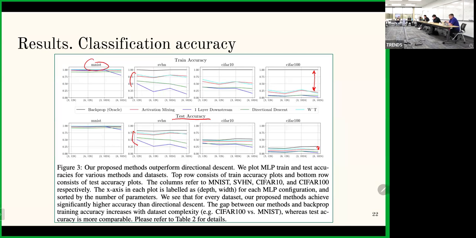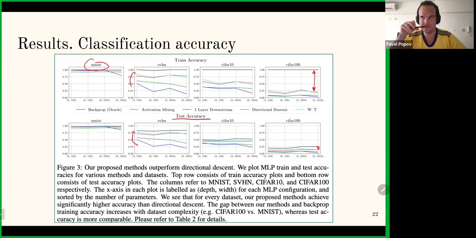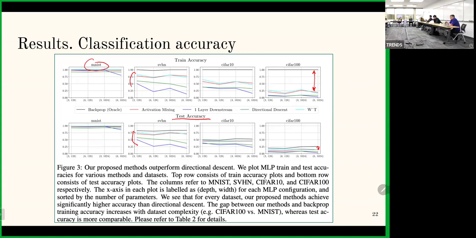So another interpretation is this is a regularizer, just because backprop is computing the correct thing. Adding a little randomness regularizes the model. Generalization doesn't suffer.